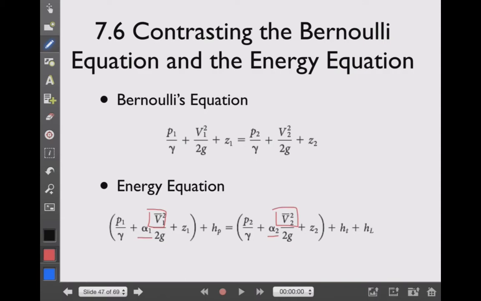The other thing that's different about the energy equation than Bernoulli's is we are able to input energy in terms of what is called the pump head, which we've talked about before, and we're able to extract energy for our use through the use of turbines, and this is expressed in terms of the turbine head. We also have viscous losses in the systems in terms of the head loss, and so these are different equations.